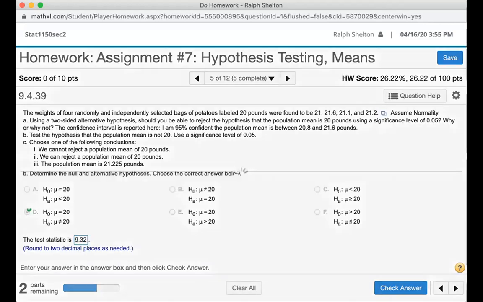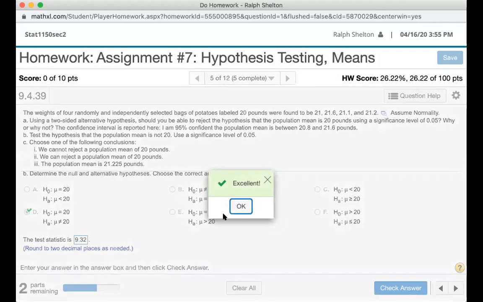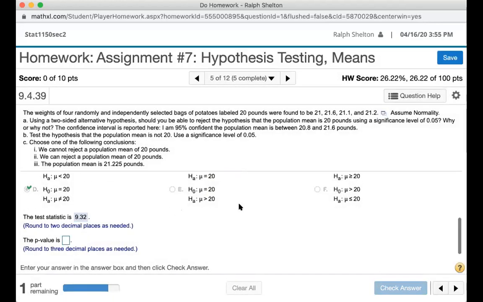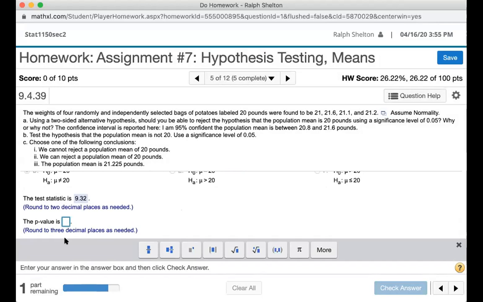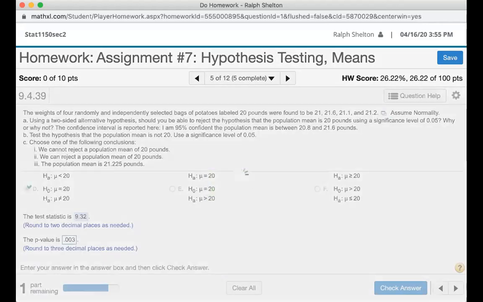Okay, it likes that. The p-value that we got is 0.0026. Oh, how many decimals does it want? It wants 3, so 0.003. Okay, it likes that.